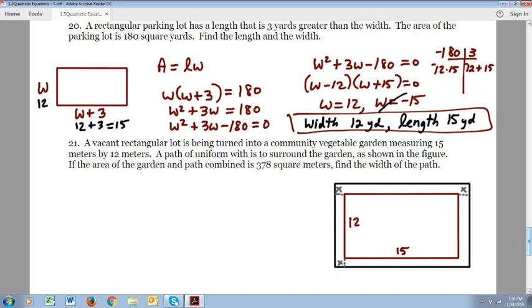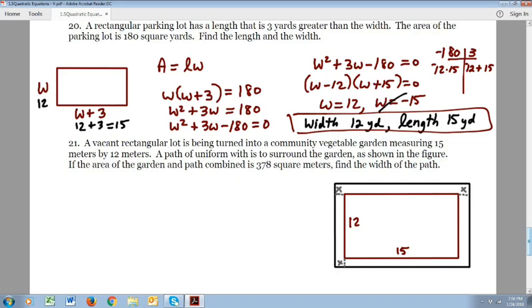It says a path of uniform width, whoa, that got spelled wrong, should be width, is to surround the garden. So we're going to call that width X. So all the way around the outside of the garden, you have this uniform path. In other words, the width will be the same all the way around. And actually, I'm using X to represent the width of that path.